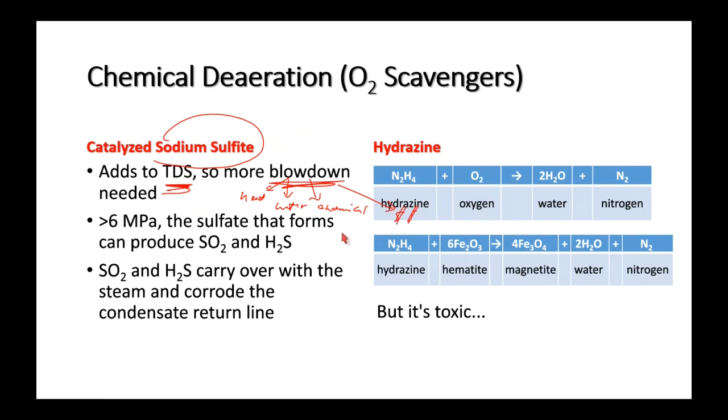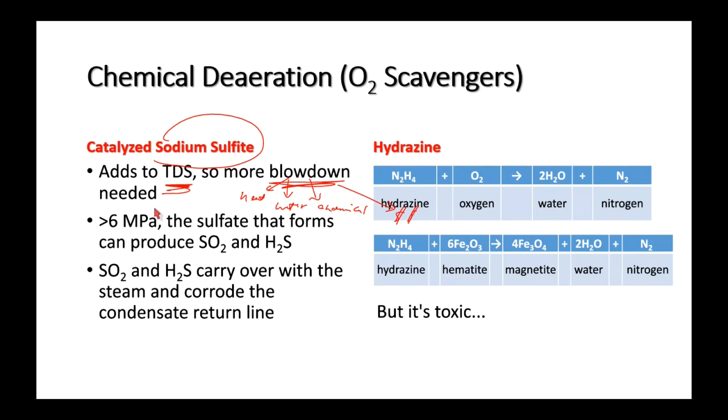Okay, because we pay for the water, and we pay for the sewer rates, and we pay for the fuel, and we pay for the chemicals. So ideally, we would like to have very low TDS in our feed water, low TDS in the boiler, and do less continuous blowdown.